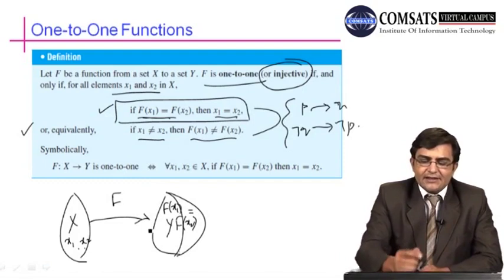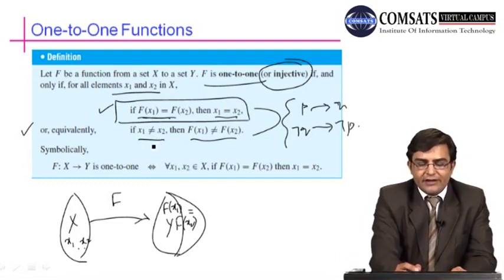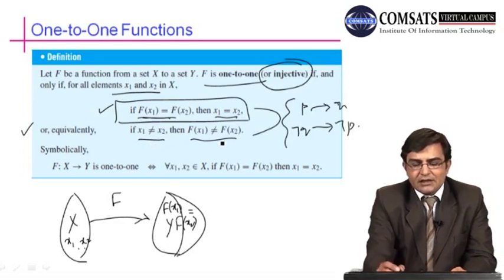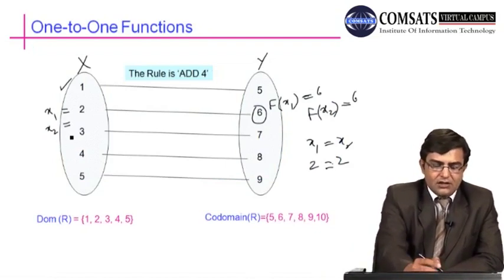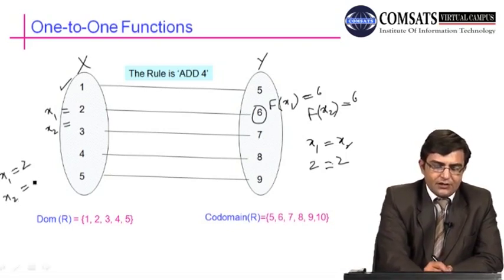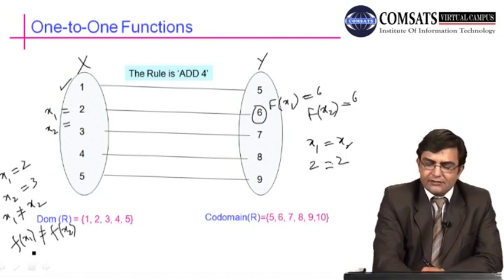In the second statement, if x1 is not equal to x2, meaning there are two different elements of the domain, then their images are also different. For example, if x1 is 2 and x2 is 3, then x1 is not equal to x2, and their images f of x1 is not equal to f of x2, because f of x1 is 6 and f of x2 is 7.